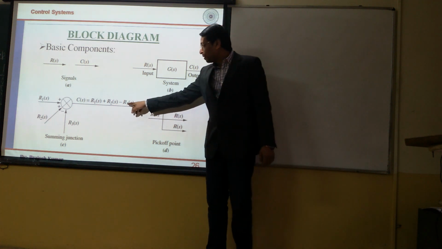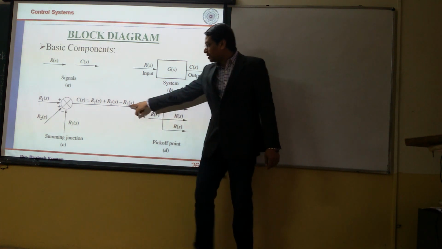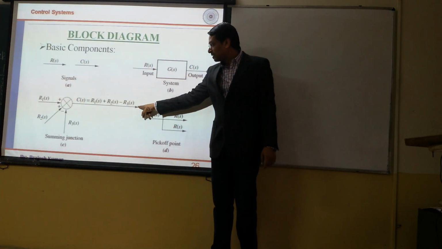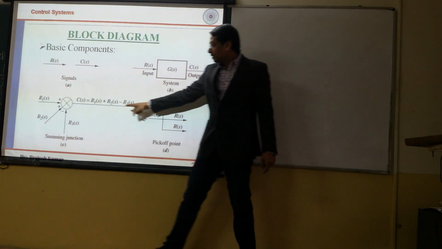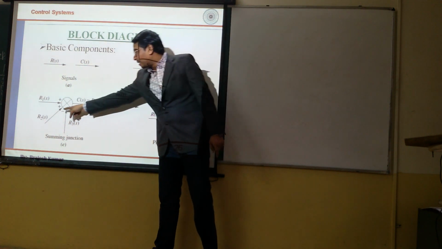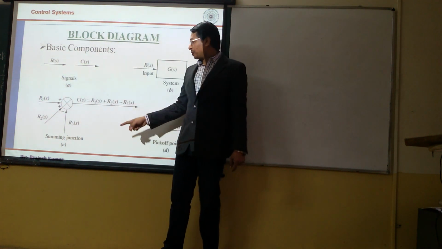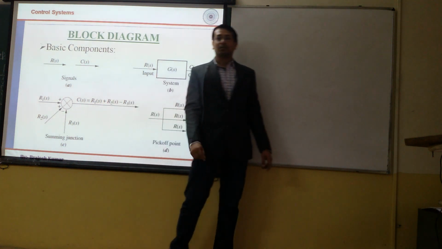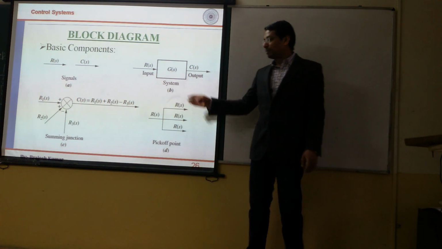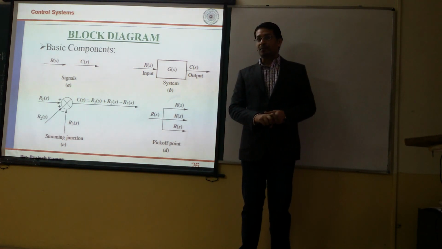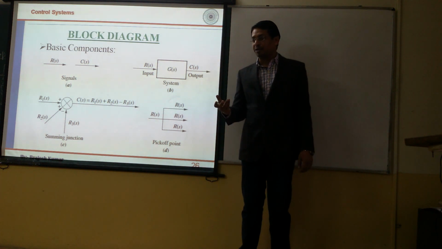Here C(s) is the output, and C(s) will be equal to R1(s) because it has a positive sign, plus R2(s) because it has a positive sign, and minus R3(s) because it has a negative sign. So the summing point is also one of the important components of your block diagram representation.